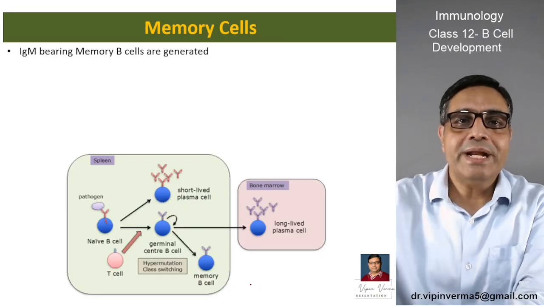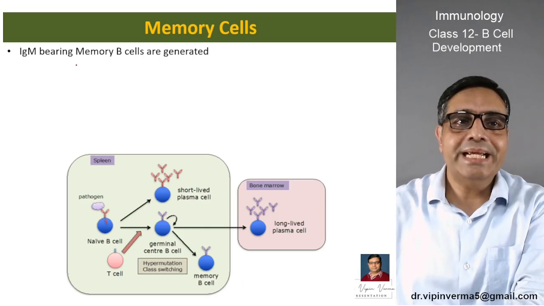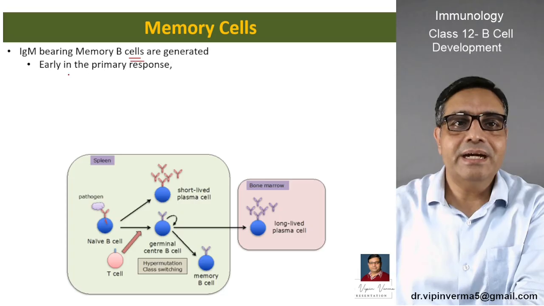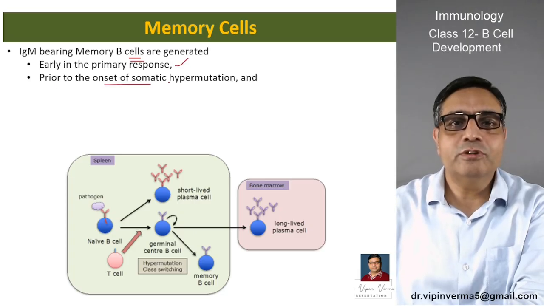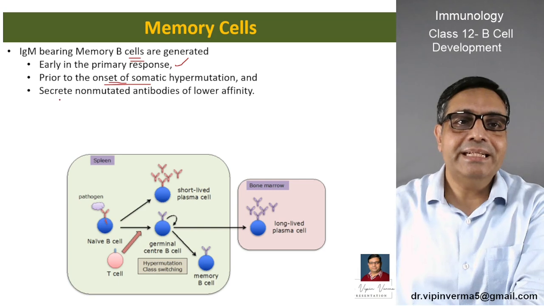Okay, now look at the memory cells. IgM bearing memory B cells are generated early in the primary response, prior to the onset of somatic hypermutation, and secrete non-mutated antibodies of lower affinity.